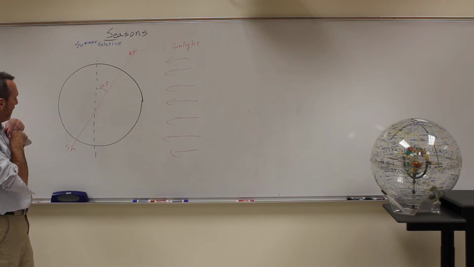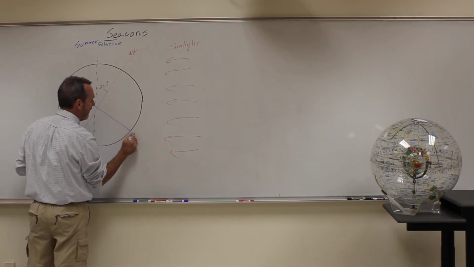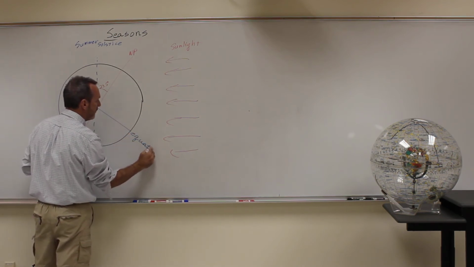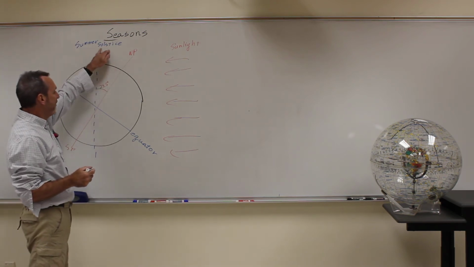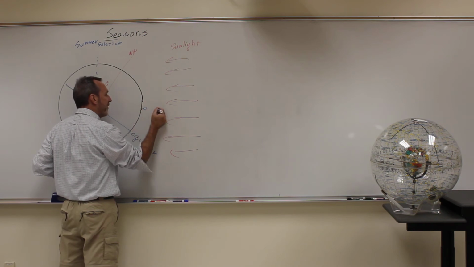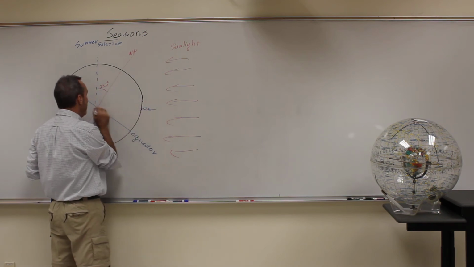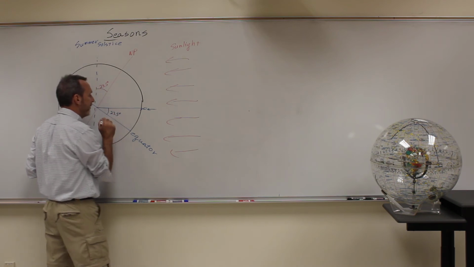But 90 degrees away from that is where we have the equator. Okay? But on the summer solstice, where the sun is directly overhead is somewhere over here, where the sun would be hitting exactly overhead. That angle is at 23.5 degrees.